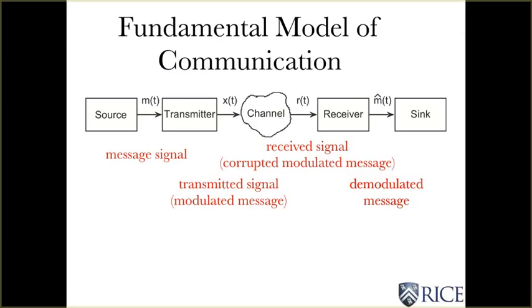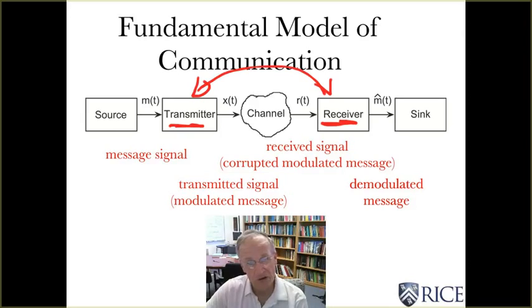We're going to worry about how transmitters are designed, how receivers are designed. Turns out you cannot design these without designing them together. And we will talk about that as we go through the course. So this is the fundamental model. You now know what a signal is, you know what a system is generically, and now we're ready to get serious and talk about things together.